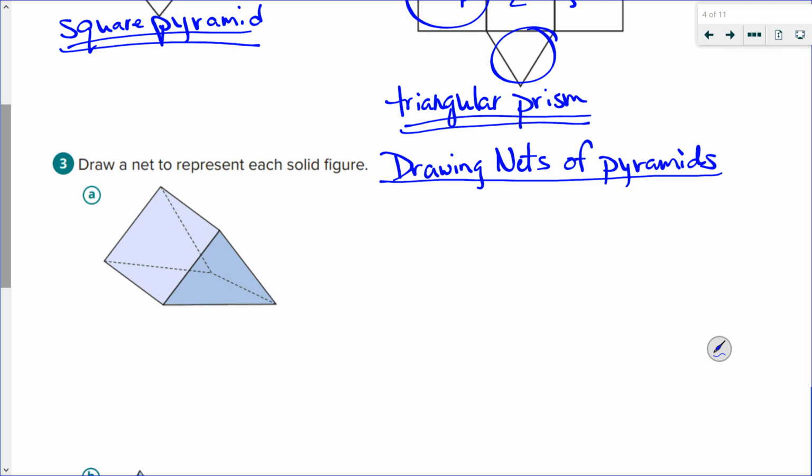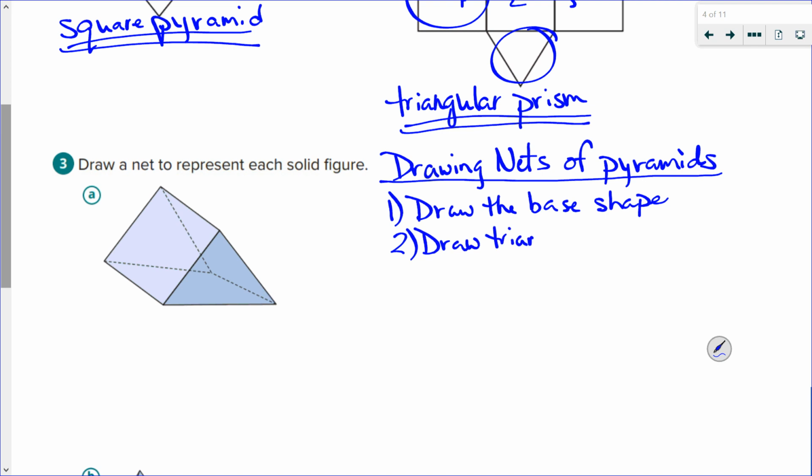The first step is to draw the base shape. Second step, draw triangles off of each edge of the base.